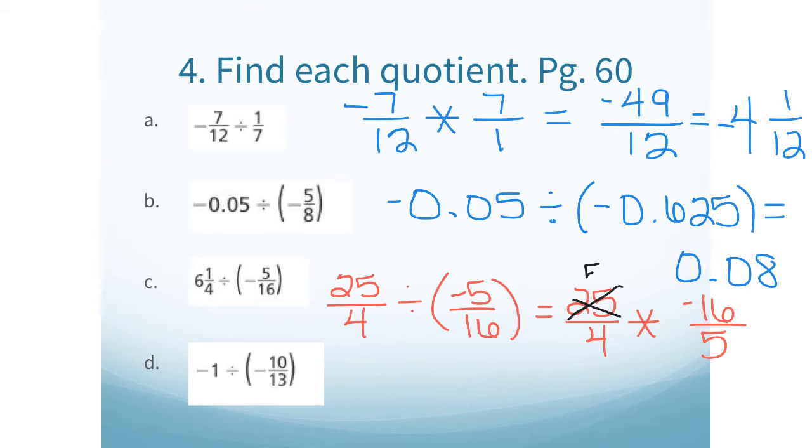So I'm going to divide out the 5 and divide out the 5. But negative 16 and 4 also share a common factor, and that is 4. So divide the 4 out, get 1, divide the 4 out, and get negative 4. This simplifies my problem into 5 over 1 times negative 4 over 1, and that is negative 20.